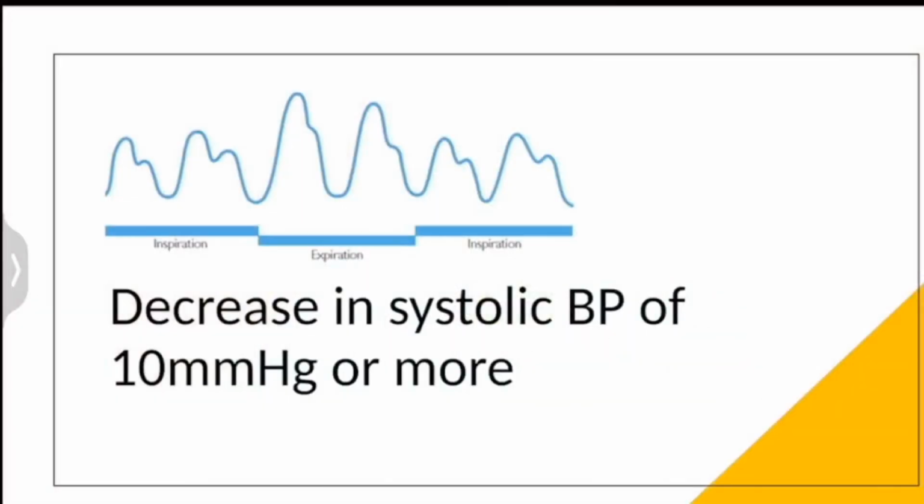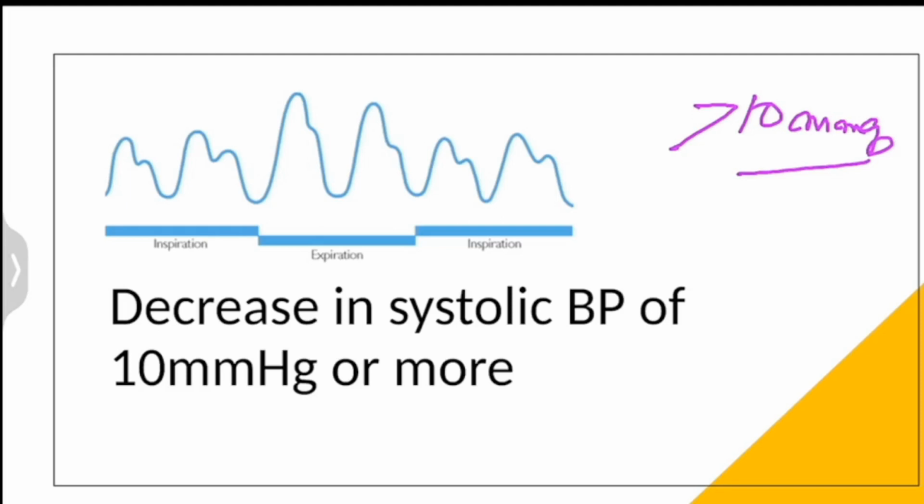And if the fall is more than 10 millimeters, it is called Pulsus Paradoxus. So, Pulsus Paradoxus is an exaggeration of the normal response. There is a decrease in systolic BP of more than 10 millimeters of mercury. That is the definition for Pulsus Paradoxus.